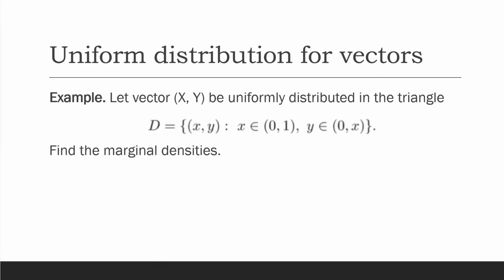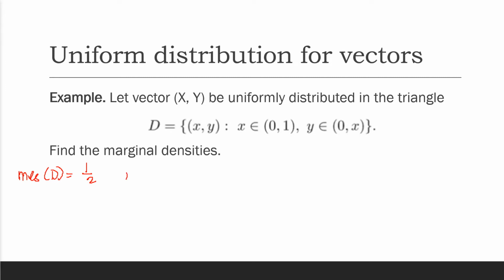Let's have an example. The vector (x, y) is uniformly distributed in the triangle D, equal to the set of (x, y) such that x is an element of the interval 0, 1 and y is an element of the interval 0, x. So find the marginal densities. For our solution, take note that the mesh D is equal to 1 half.